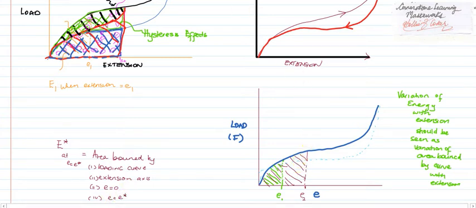So let's say E star happens to be here. We draw a vertical line up from E star, and this whole area bounded here: that's the curve, that's the line E equal to E star. This is the line where E equals 0, and this is the extension axis, right?